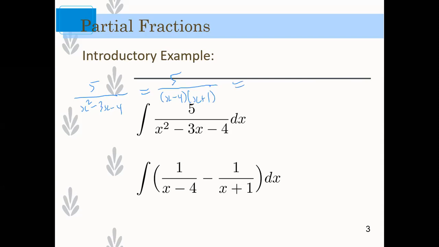And what you can do is you can say, look, there's got to be a way to break this up into a number over x minus 4 plus another number over x plus 1. So I want to write this as something over x minus 4 plus something else over x plus 1.